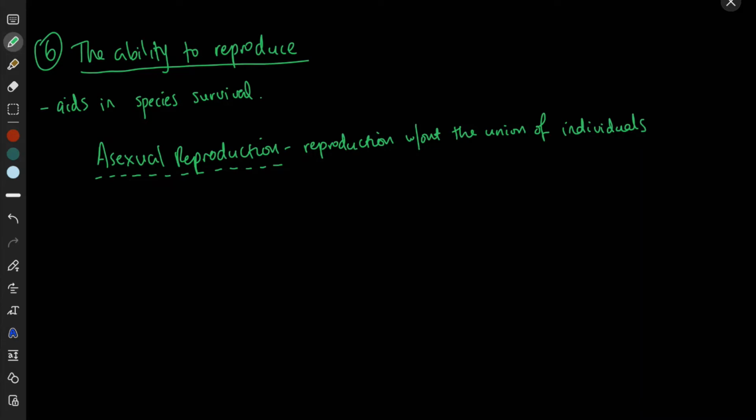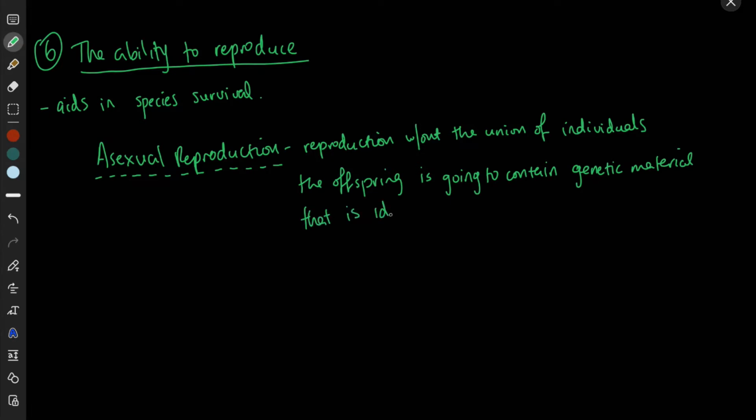This means that because there's no union of individuals, you're only going to have a single parent, right? Because there's no union, there's only going to be one parent. And so the corollary to that is the offspring is going to contain genetic material that is identical to the parent, right?